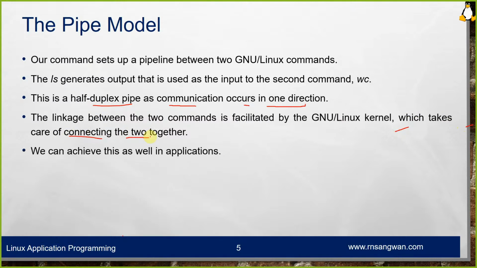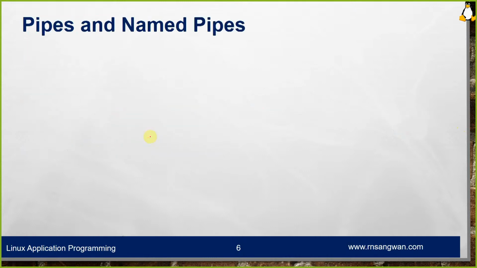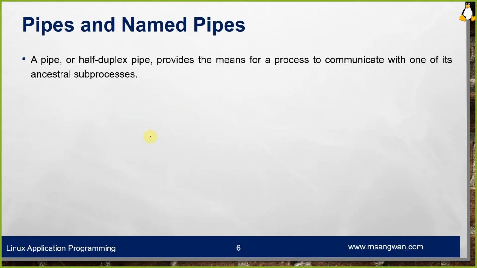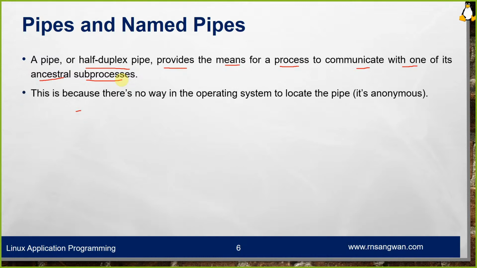We can achieve this in applications as well. A pipe or half-duplex pipe provides the means for a process to communicate with one of its ancestral sub-processes. This is because there is no way in the operating system to locate the pipe.